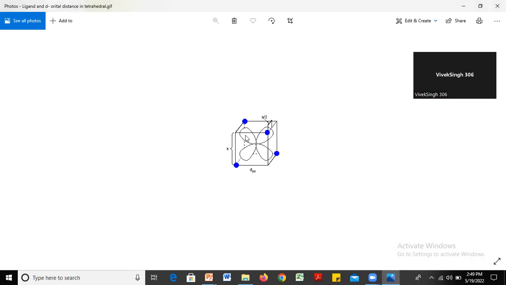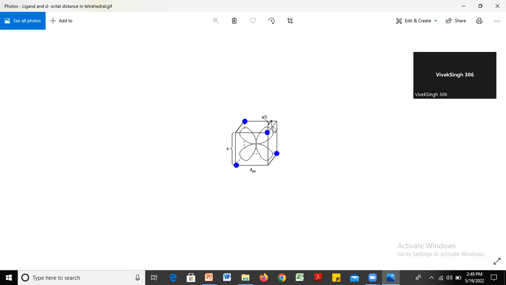Now, here is the d-yz orbital, present in between the y and z axis. This is also distant apart. Here we can see the ligand, and here is the d-yz orbital coming up till here, and the distance is around a divided by 2.